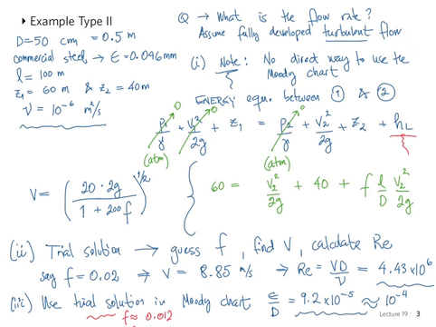Care to try that? You want to give me a new velocity with 0.012? I got some new calculator. Velocity is 10.7. Okay, so 10.7, the F is 0.012.